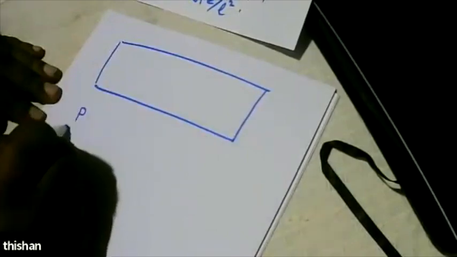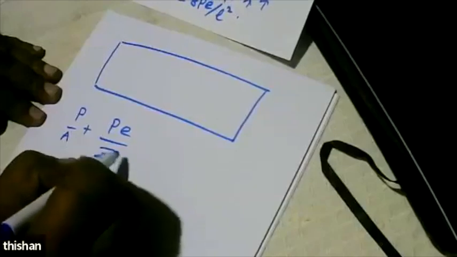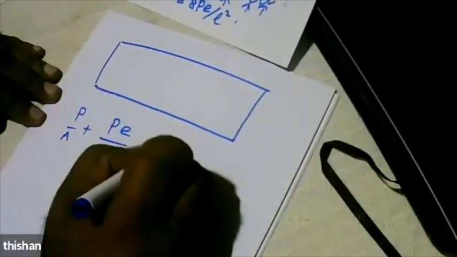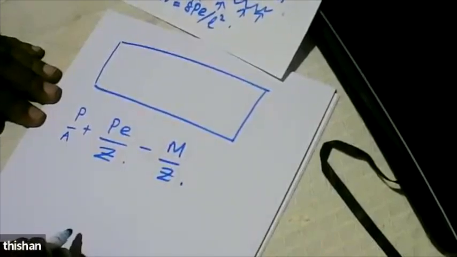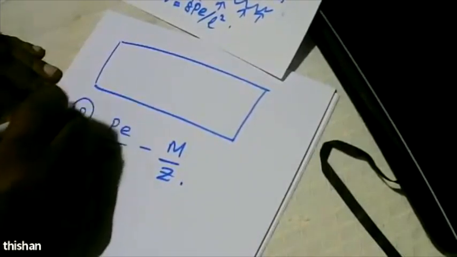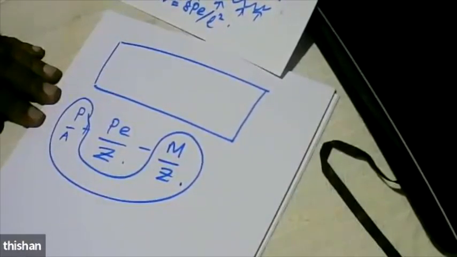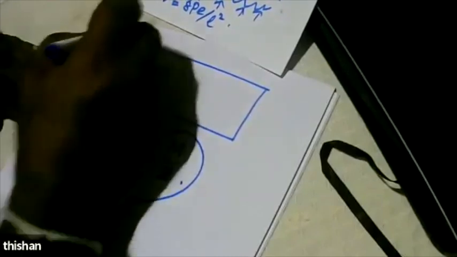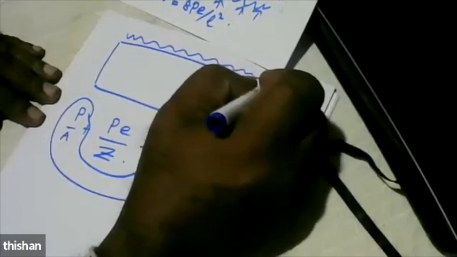And if you actually look at it, it's a subtle way of representing our basic equation, P over A plus PE over Z minus M over Z. So what we do is, we keep this component like that, and so we have the loads acting due to dead and live loads.